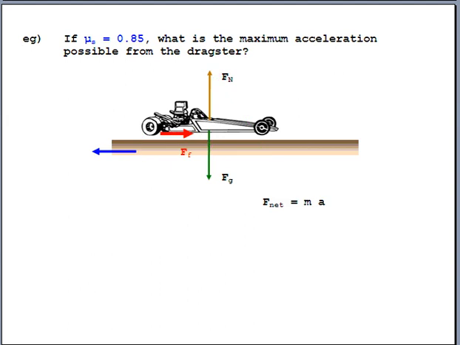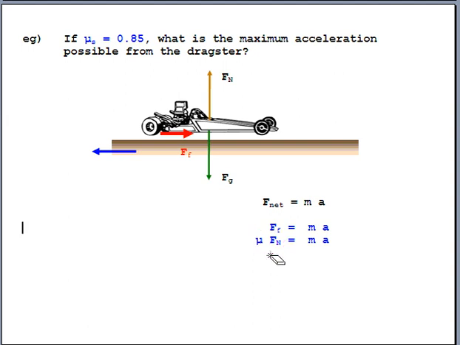And so when I go to do F net equals ma, I'm actually going to say, oh yeah, it's friction making it go. Now, time to think about what to put in for that left-hand side. And you might think, well, it's obvious. We're just going to put in mu times Fn. Oh, be so careful. For static friction, this idea of putting in mu times Fn is only okay if you're satisfied with using the maximum.